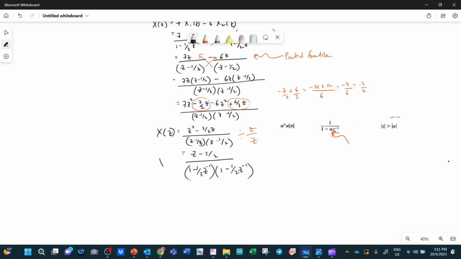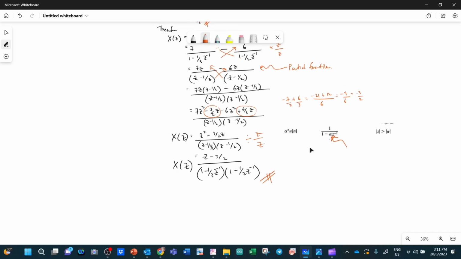Okay, so this will be the final answer, which is to find X(z). We leave it in this term.